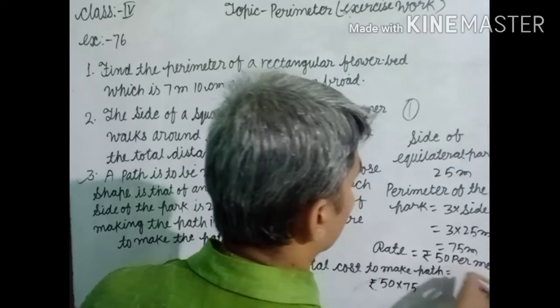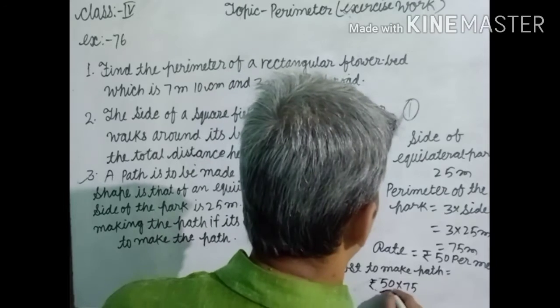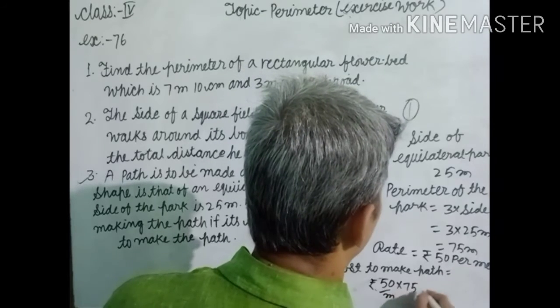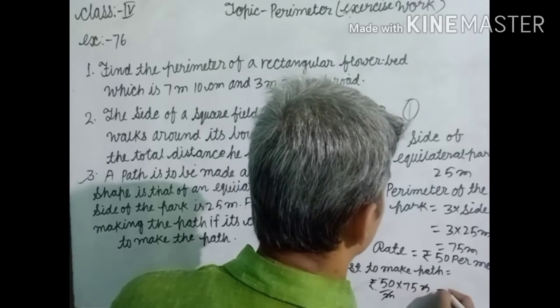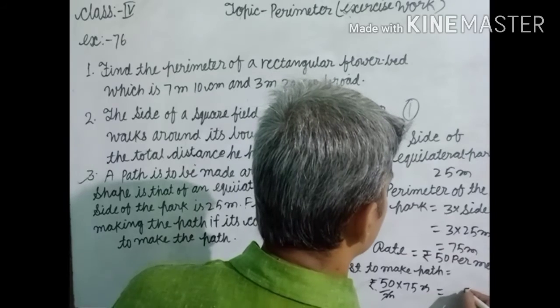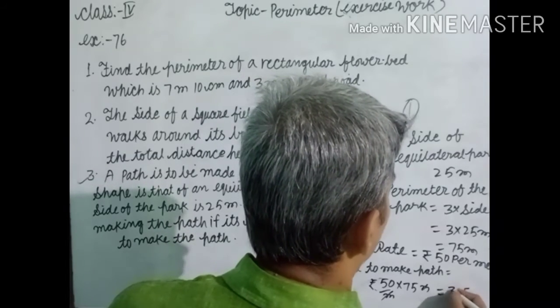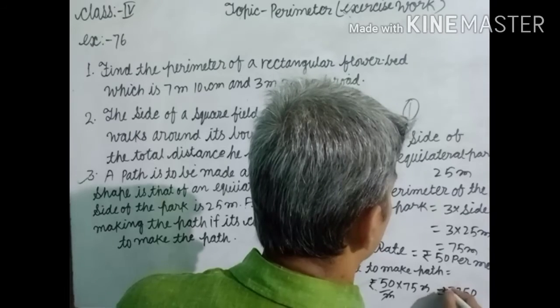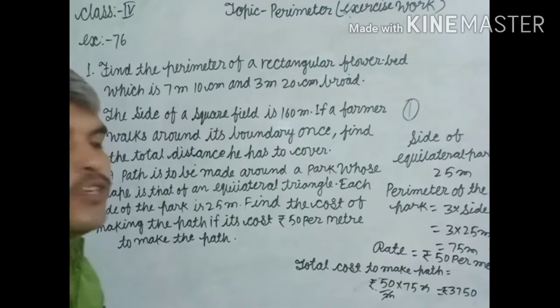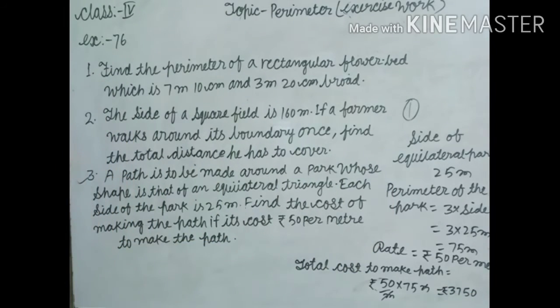Here rupees, because per meter, meter and meter cancel. That means 5 5s are 25, 7 5s are 35, plus 2 is 37, so 3750 rupees to make the path.